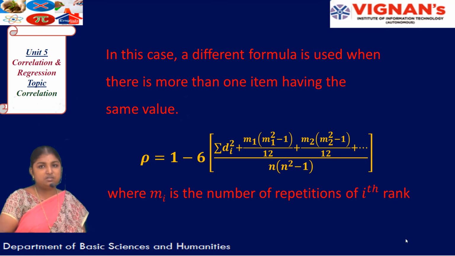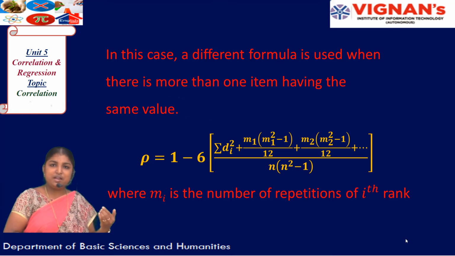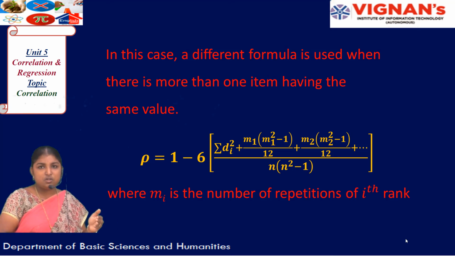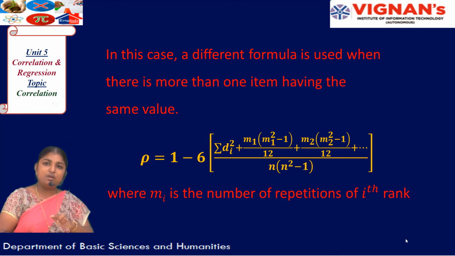Suppose 2 is repeated 4 times; that gives m1 as 4 into 4 square minus 1 by 12. In the same way we consider y ranks also. In y ranks, 2.5 is repeated 2 times, so 2 into 2 square minus 1 by 12, and 4.5 is repeated 3 times, so we take 3 into 3 square minus 1 by 12, and so on.